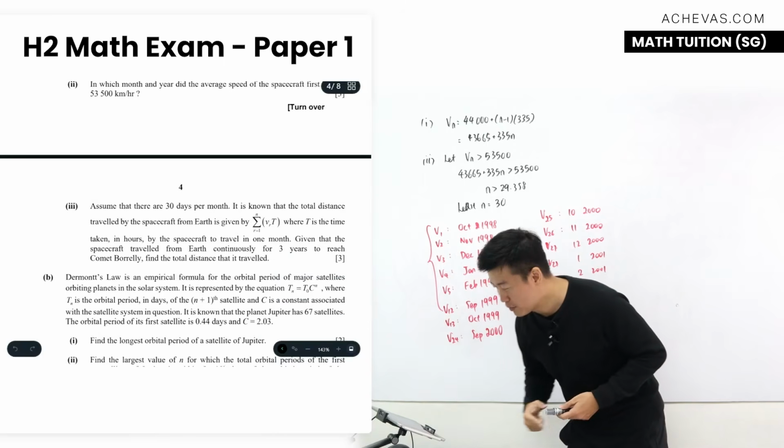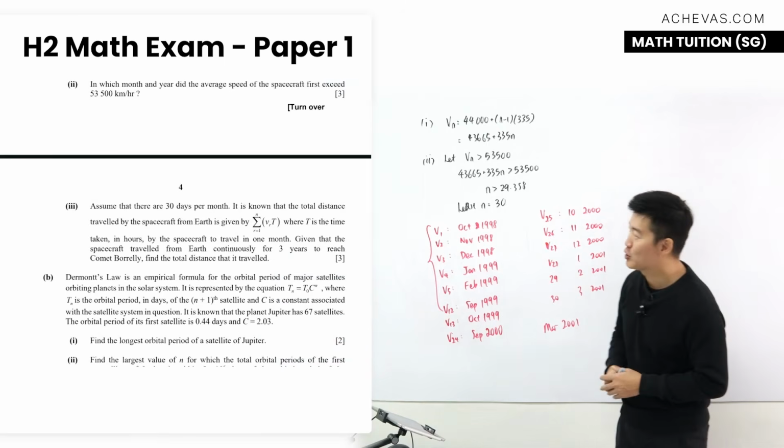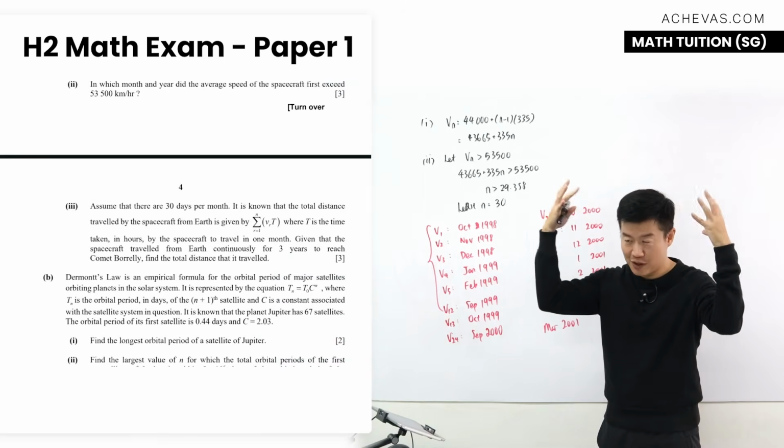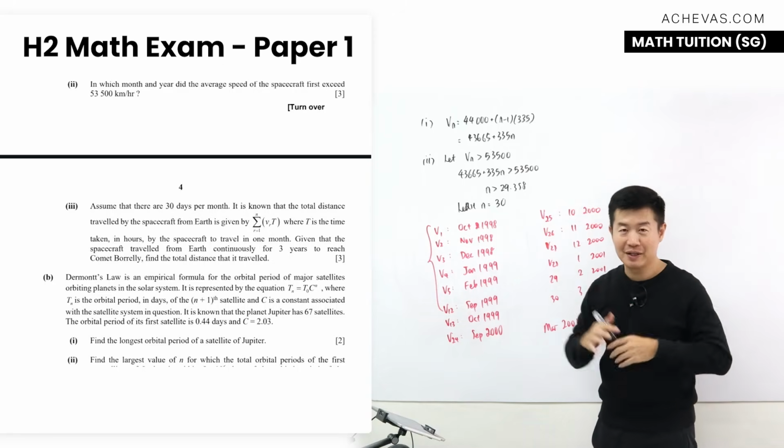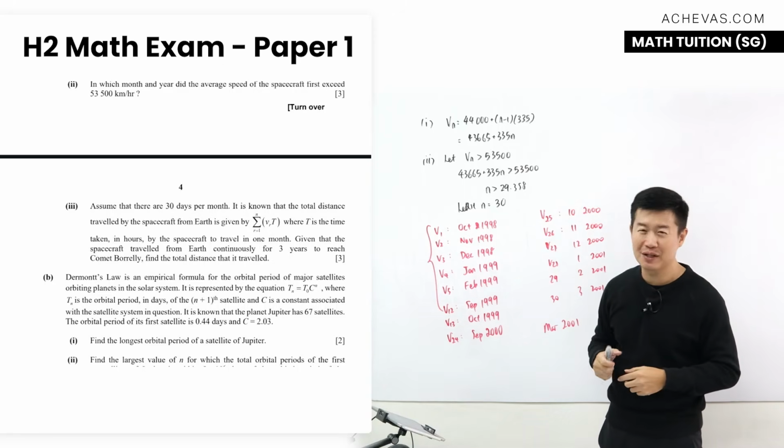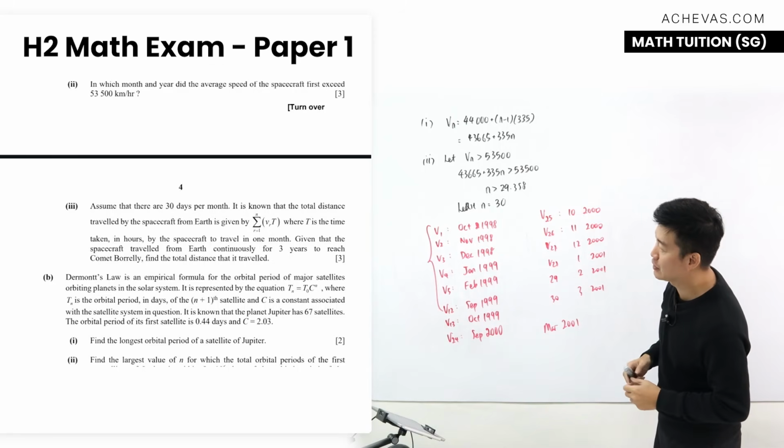Then one more part is the description. When I read this, I was like, wow, especially when I was trying to do this last part, I was a little bit tired. Then when I read this, I was like, wow, goodness, so much information. But actually, it turns out to be very, very easy.